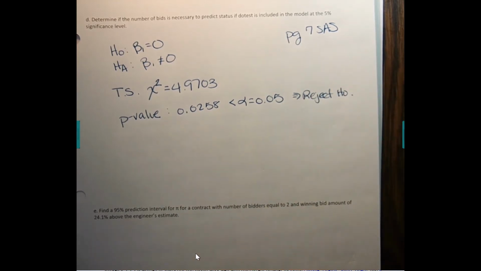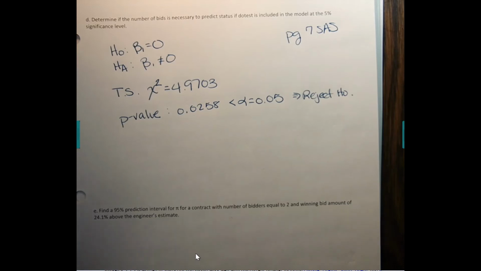We can also find this output in Minitab as well as R, and let me show you where those are. Minitab is actually going to give us a Z value.